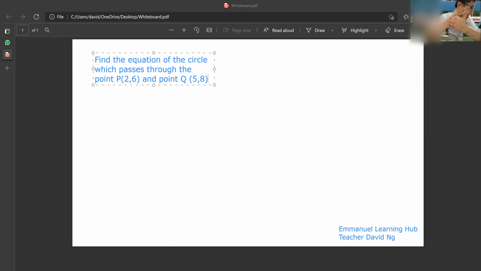and has its center lying on the line. Wow. Okay, how can I make sure the center lies on that line?